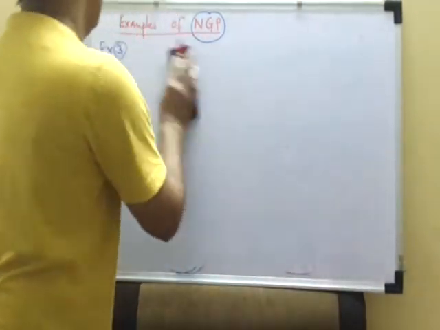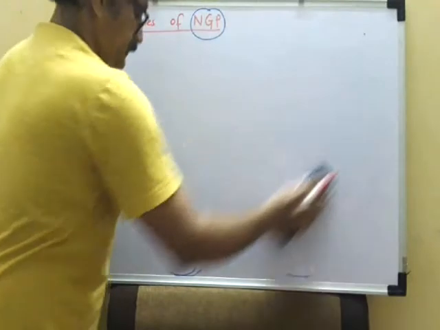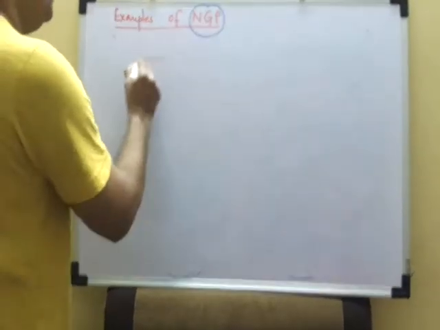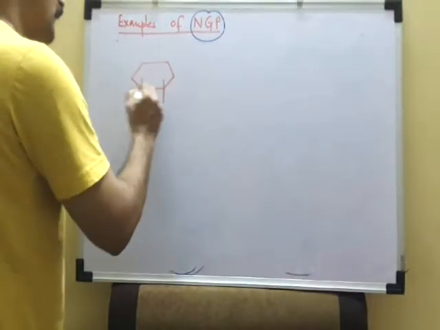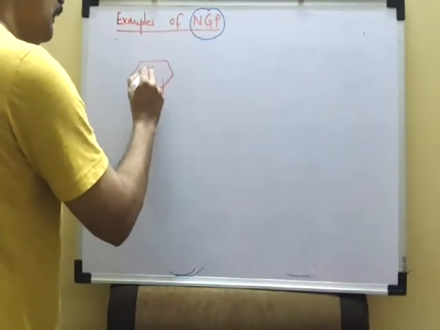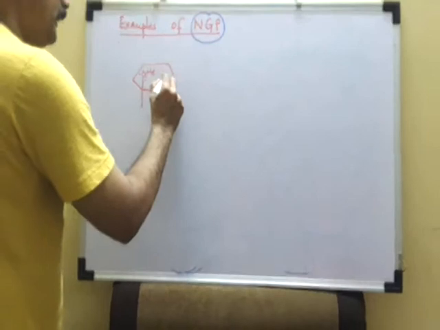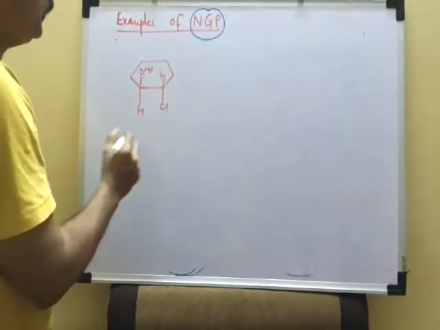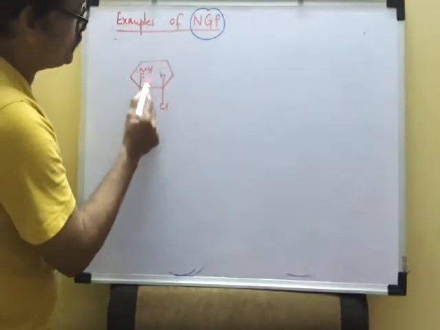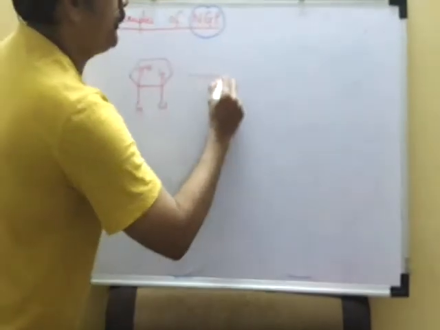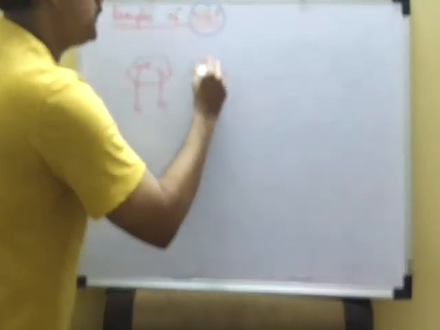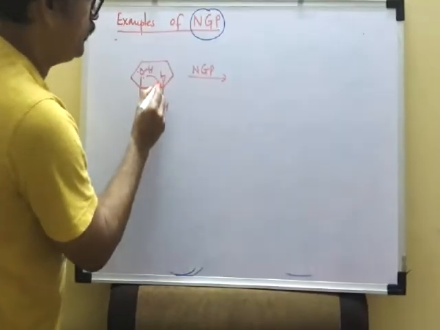Again, I can ask one more question. Now, OH and Cl and H. Now, every time that OH must be toward the opposite side of Cl for backside attack if you want to perform NGP. So this is NGP, this is possible.